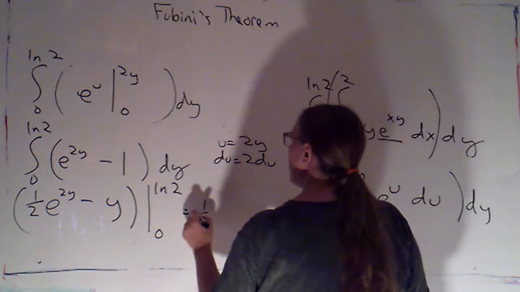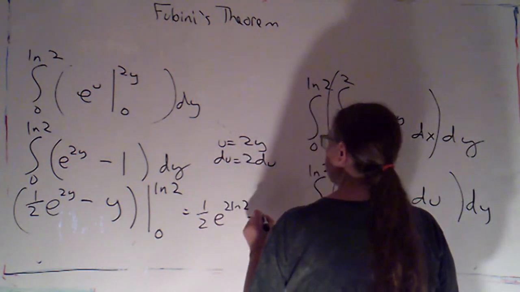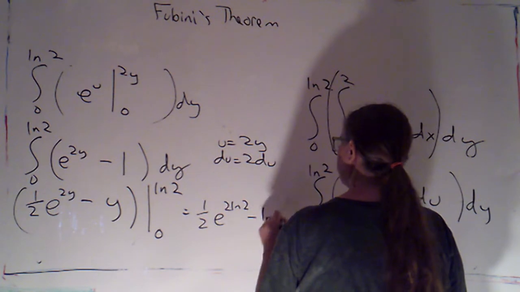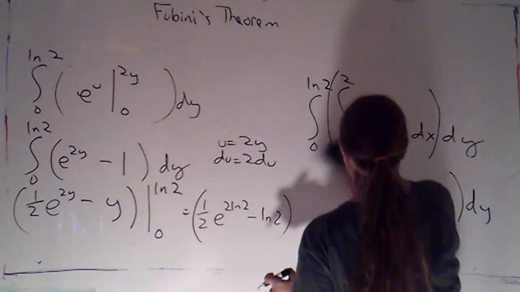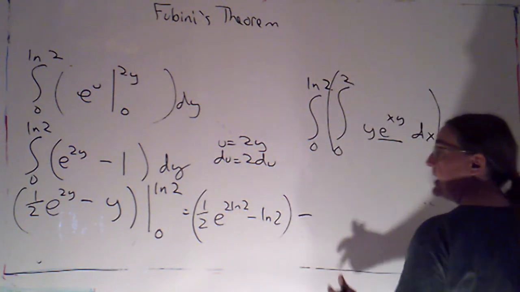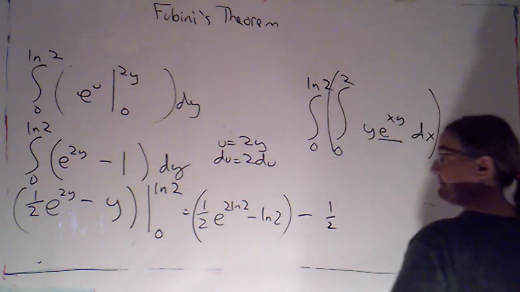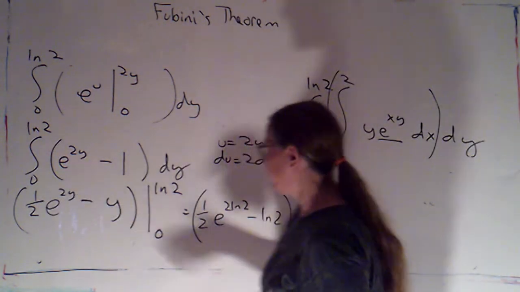So that's going to be 1/2 e to the 2 natural log of 2 minus the natural log of 2. And that's what I get when I plug in natural log of 2. Minus what I get when I plug in 0 is going to be 1/2. Because this will become 1/2 times 1. This term will drop out.